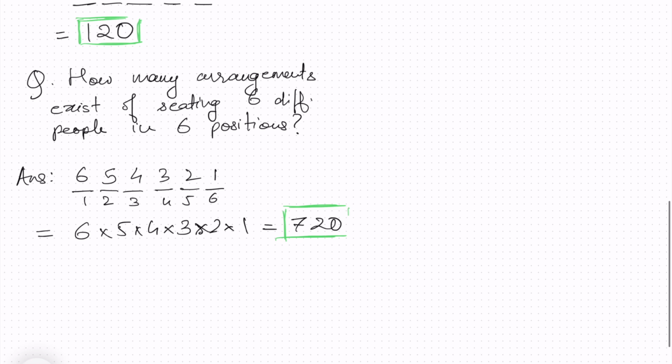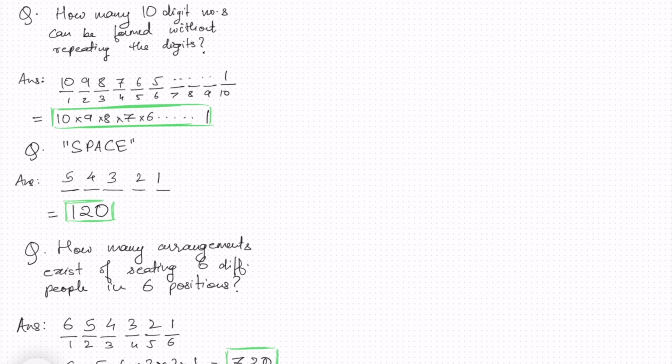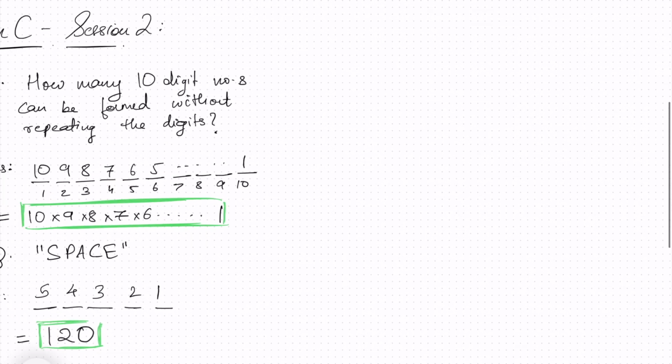Okay, so in all of these problems you will notice that we have arranged a certain number of distinct objects in the same number of places as how many of those objects there are. That is, we have arranged n distinct objects.